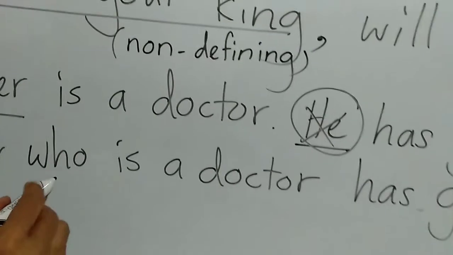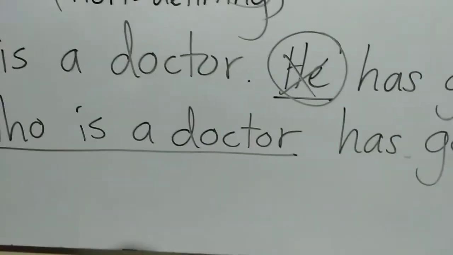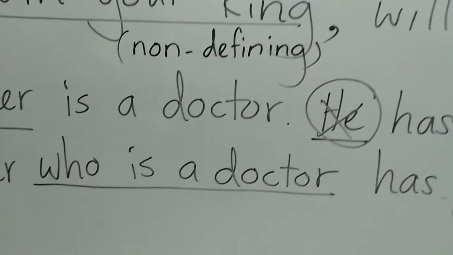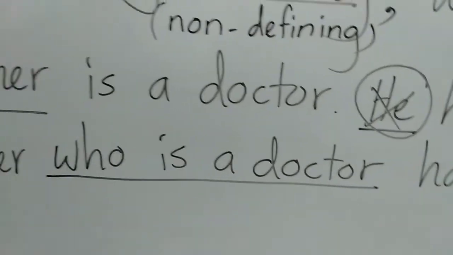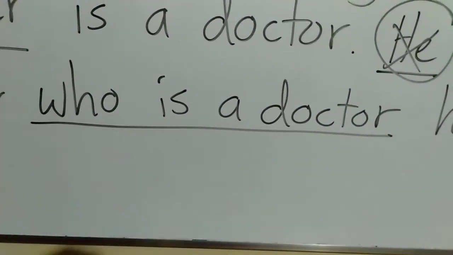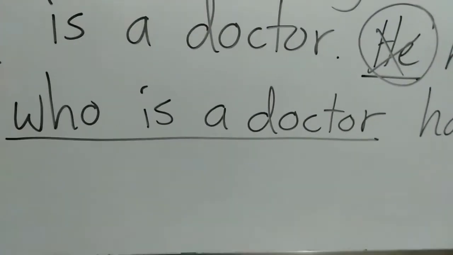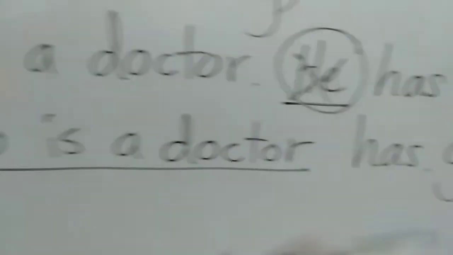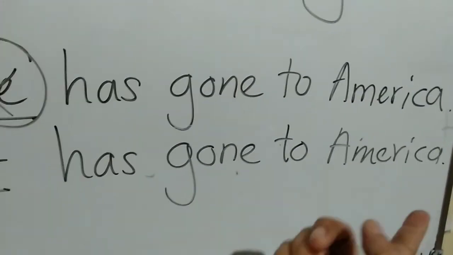Now, you want to examine carefully this relative pronoun to know whether this is a defining clause or a non-defining clause. My brother who is a doctor. This means one of my brothers is a doctor. I may have many brothers. Who is a doctor has gone to America. One of my brothers has gone to America.